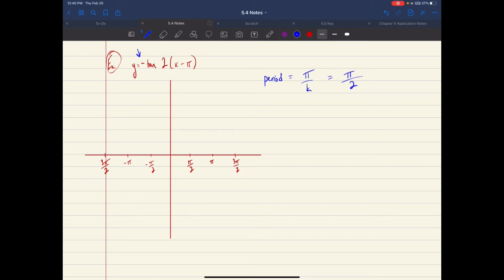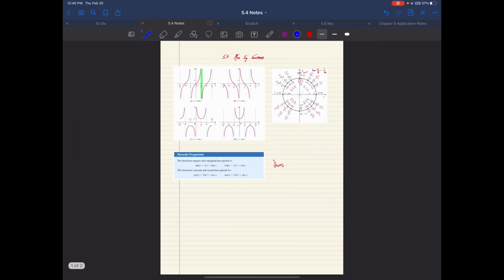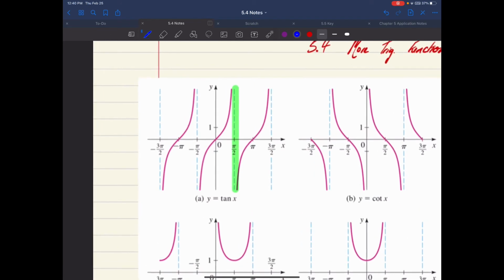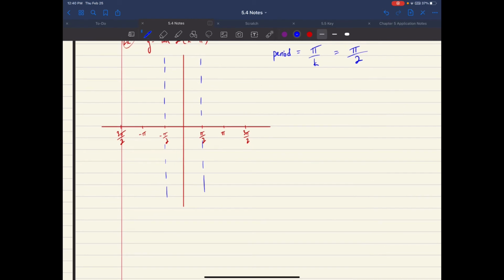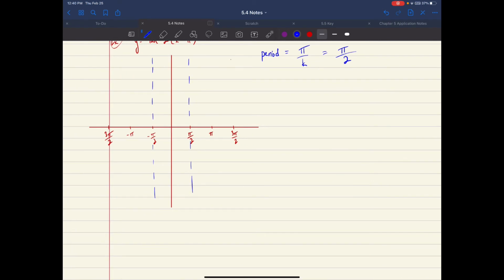Normally, what I'll do is sketch out tangent here. These are hard to draw, so I apologize for what it looks like. You're going to have these asymptotes.